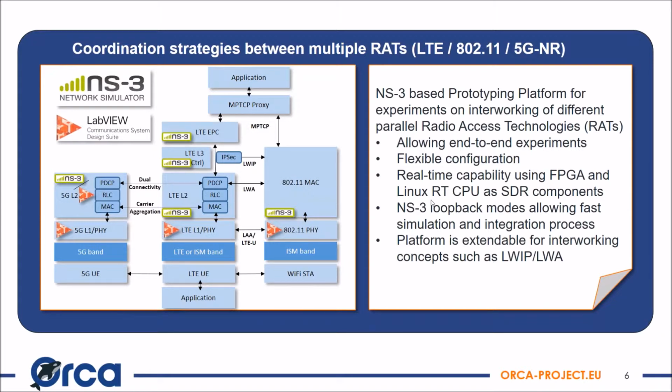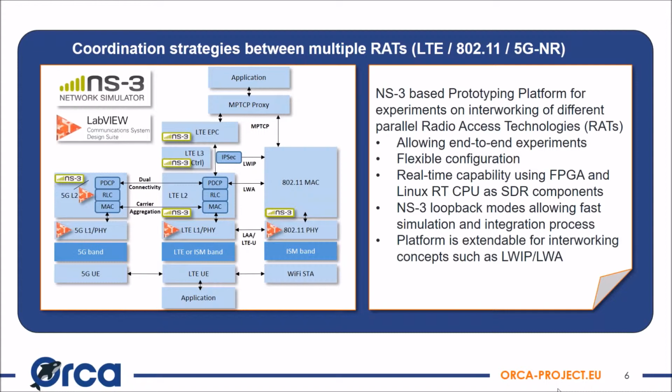So the key benefits of using this offer are listed on the right side. The first one is that it allows end-to-end experiments to investigate scenarios that, for example, are the aggregation and split of the user data. And then it allows for flexible configuration of interworking of different types of communication systems, such as the scheduled versus the ad hoc network.